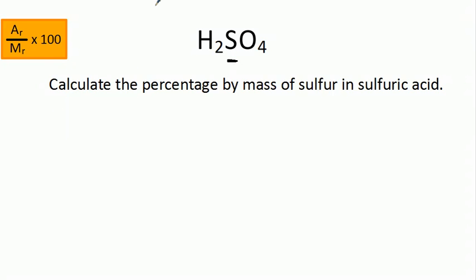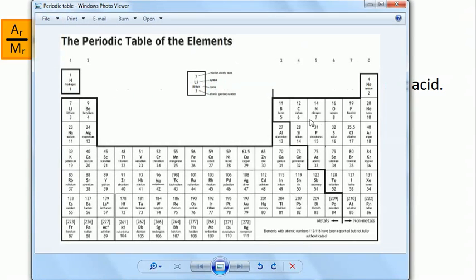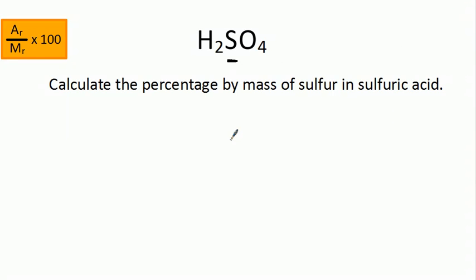If we look up sulfur on the periodic table, the atomic mass of sulfur is 32, and we're interested in 32 and not the 16. If you're unsure about that, go and look in your previous notes.